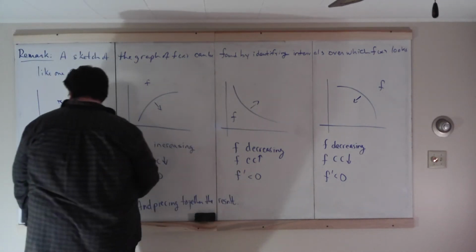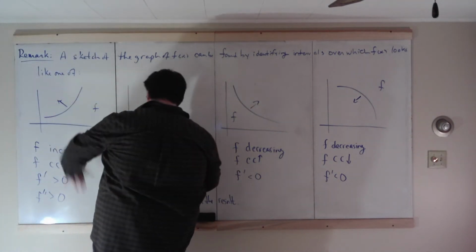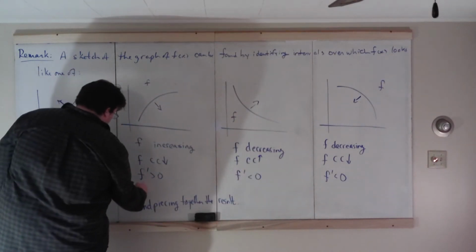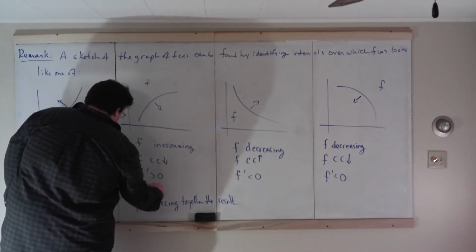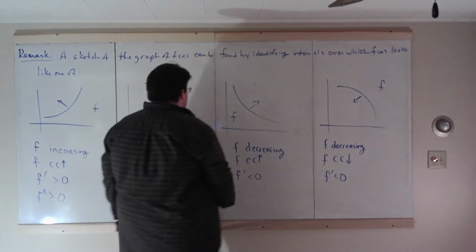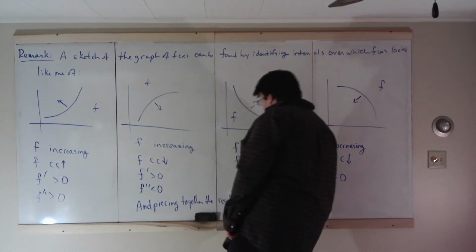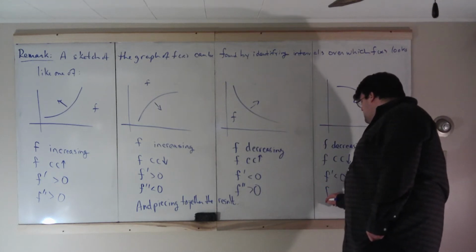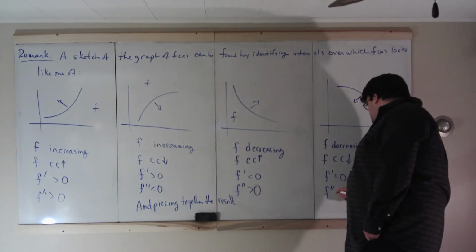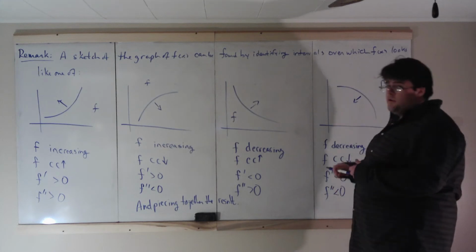So here we have first derivative positive, second derivative positive. Here first derivative positive, second derivative negative. Here, first derivative negative, second derivative positive, and here, first derivative negative, second derivative negative.